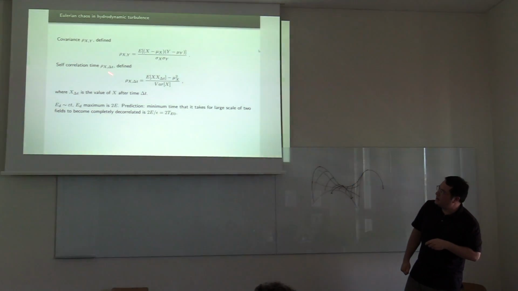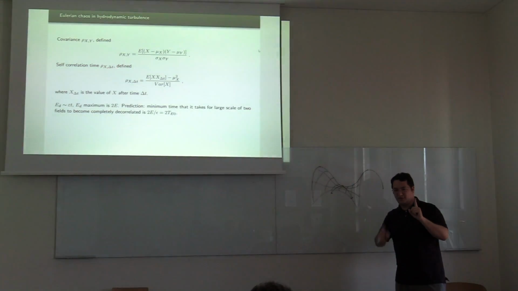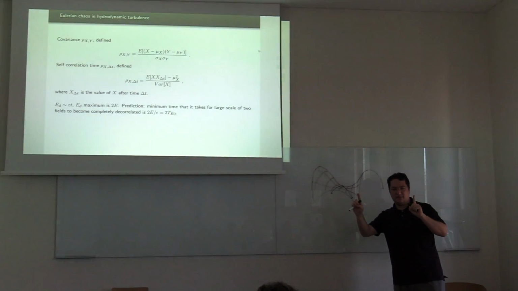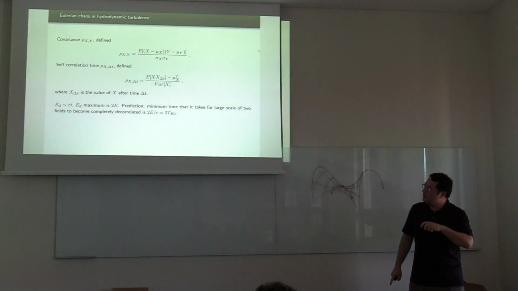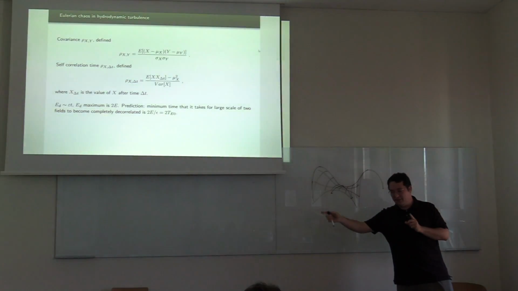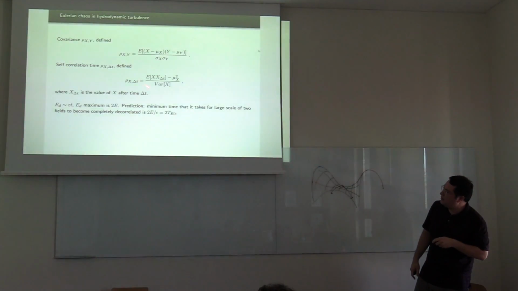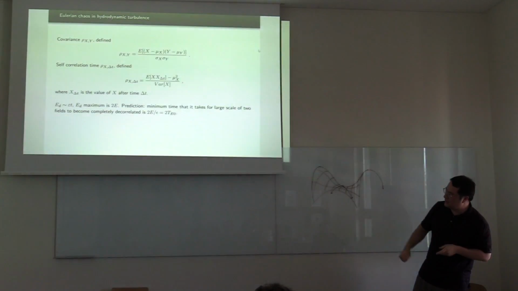So we can define the self-correlation with time as the correlation of a variable with itself after a given time delta t. If delta t is 0, it's 1 because they're completely correlated. And we expect that if delta t is large enough, then they should be completely decorrelated in time.